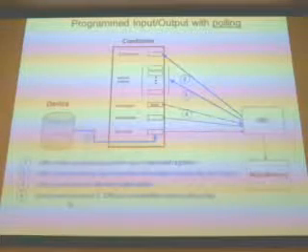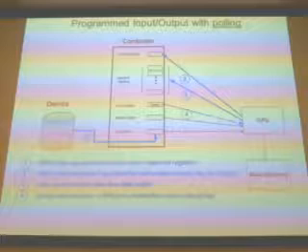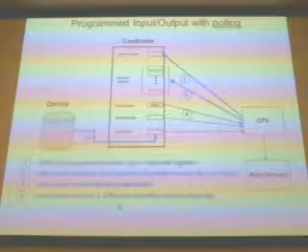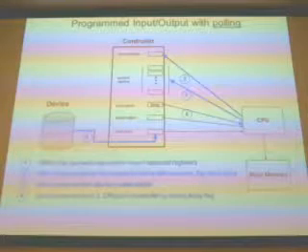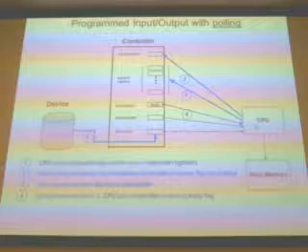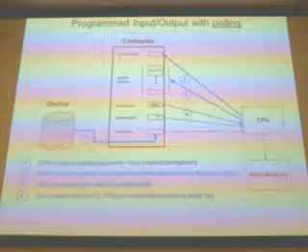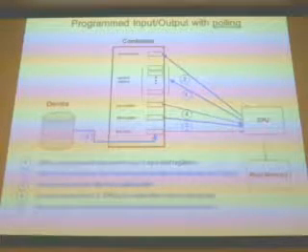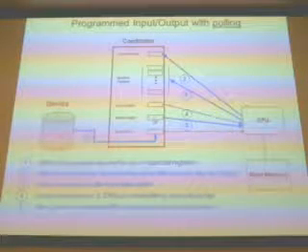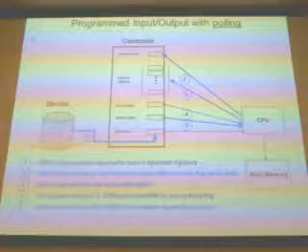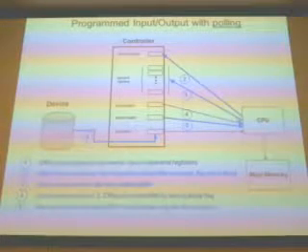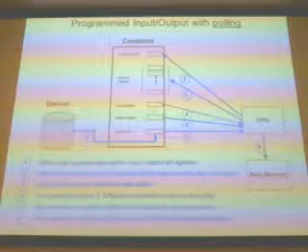Then, during the I/O operation, as you see here, the CPU is just testing this flag. Still busy, still busy, still busy, and so forth. And then, after the operation has been completed, the status register will indicate that the I/O operation is done. And then we can just take that information and transfer it to memory.